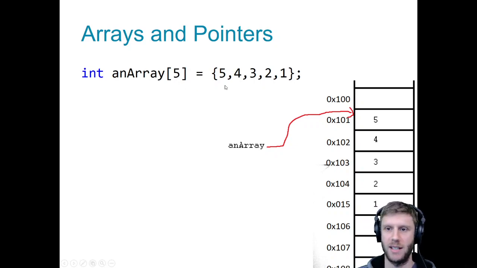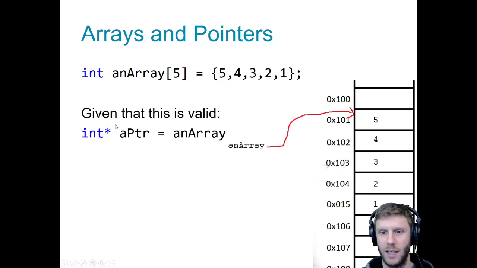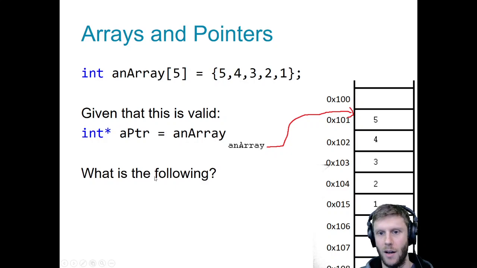So here's an example, 5, 4, 3, 2, 1, here we go. An array, really an array should have a box that has the arrow that gets there. So given that this is valid, what is the following? An array, in this case, should be 0x101, the memory address 101.